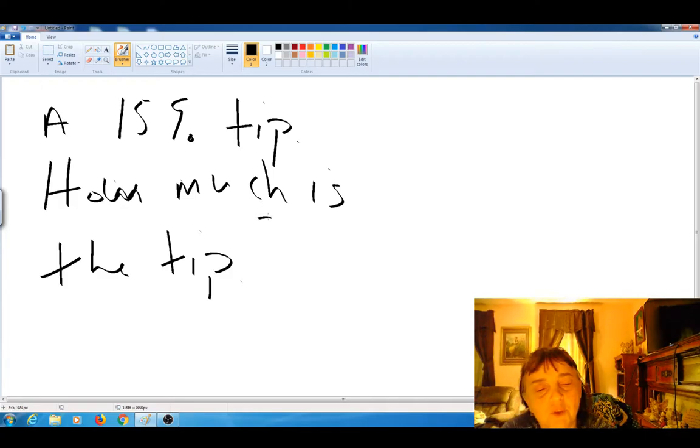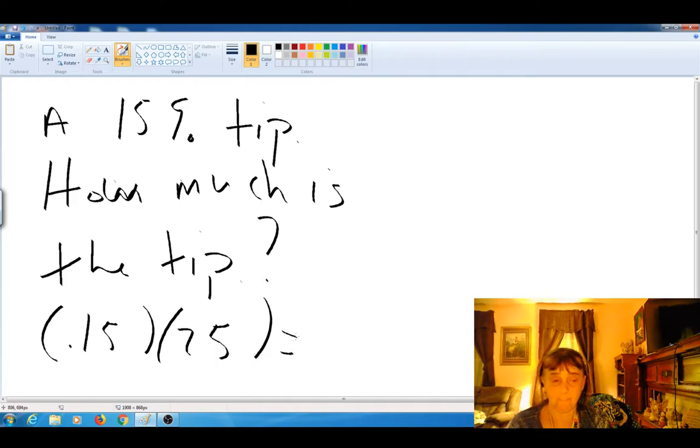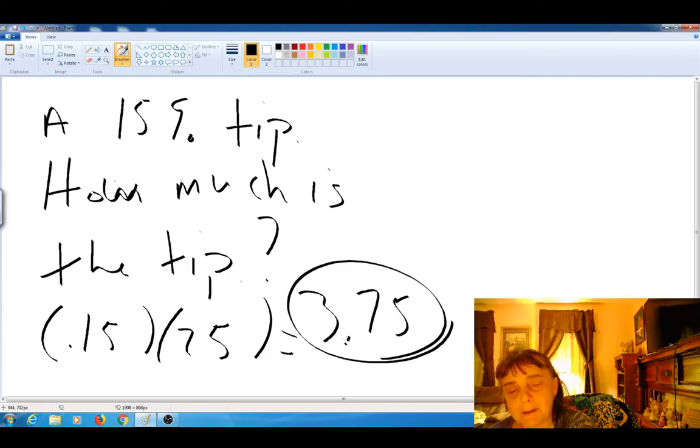Okay, now I spent $25 on the shirt. So the tip is going to be 15% of 25. So 0.15 times 25 is what? $3.75. So your tip is $3.75.